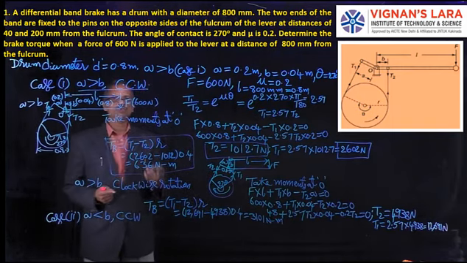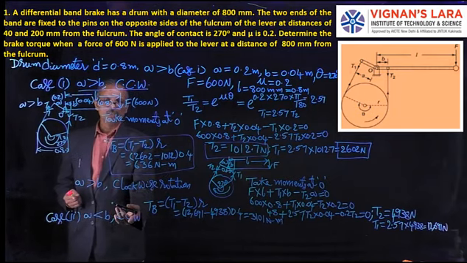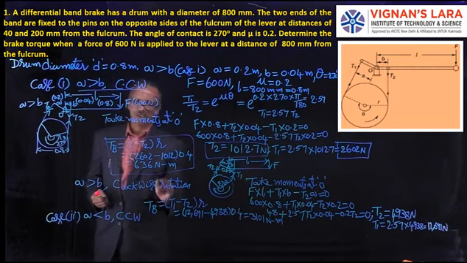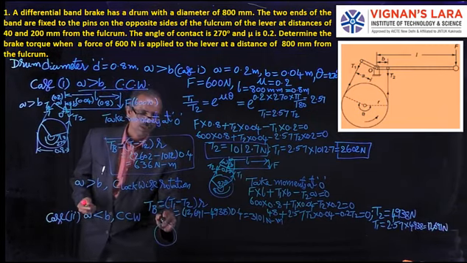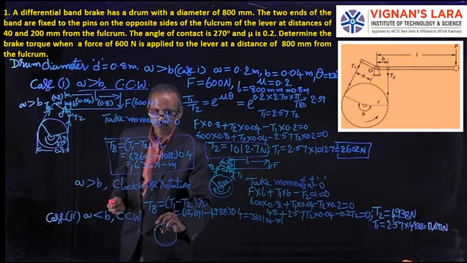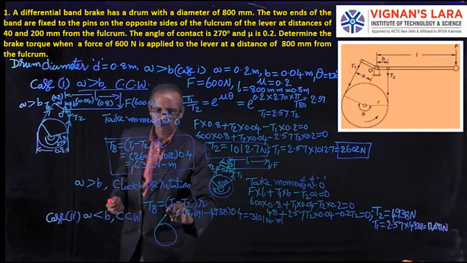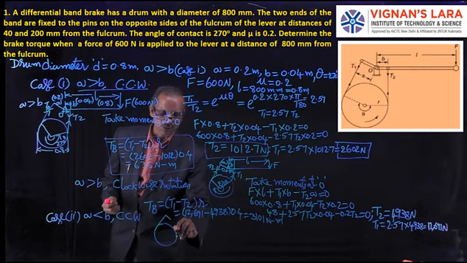This is the condition we have studied in theory. If A is less than B, the force should be in the upward direction. So my A value will be less and B value is more.